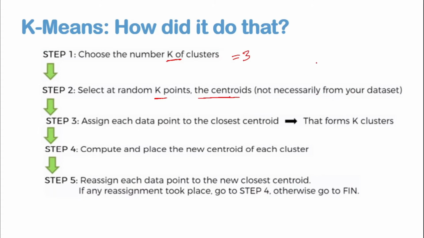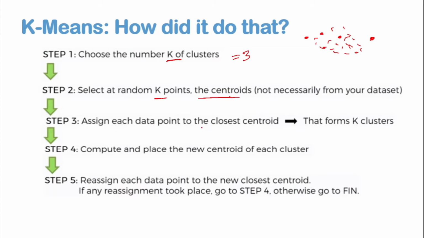If we have random data points, the centroid could be anywhere, from here or here. The centroids need not be the data points where they lie. It means we need to take the centroids randomly, irrespective of the data points we have.